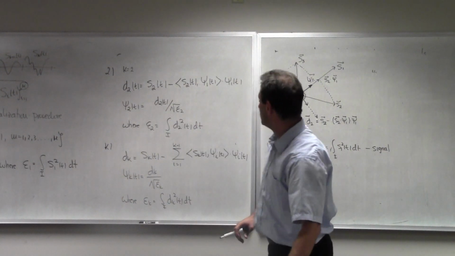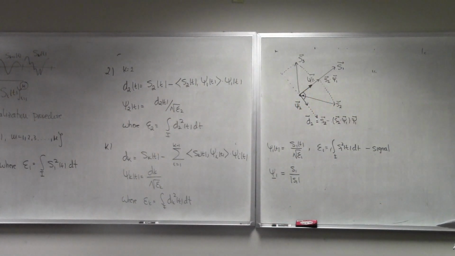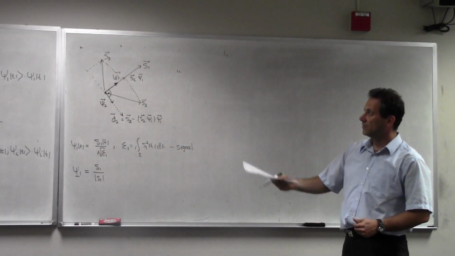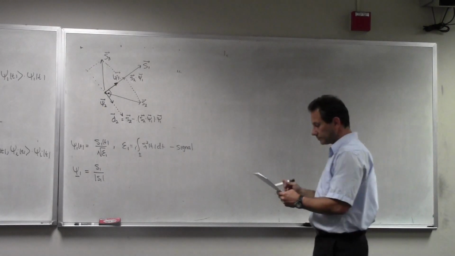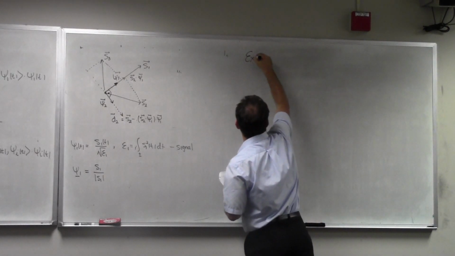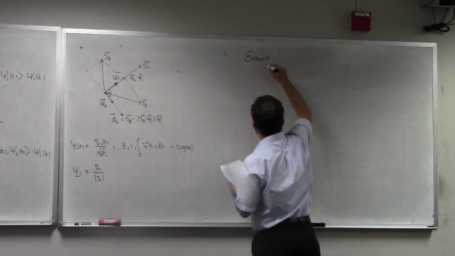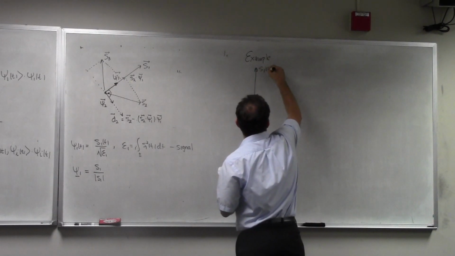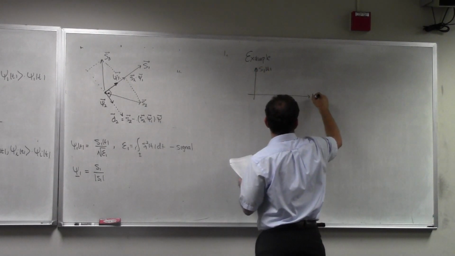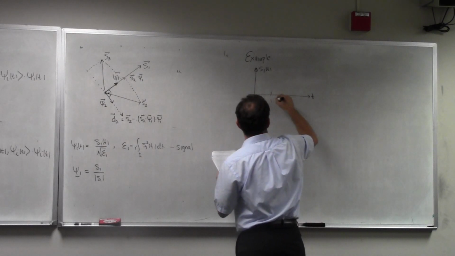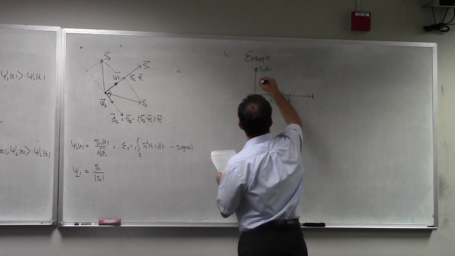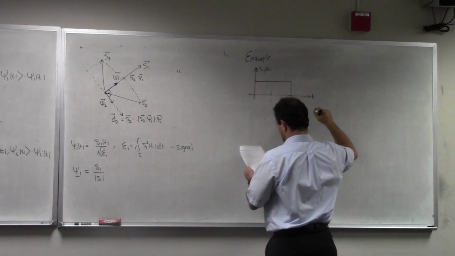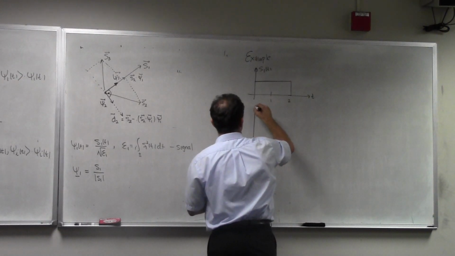And to see how that works in a signal domain, let me give you an example where I'm going to work only with signals. So let's look at the example here. And I have 4 signals here. This is S1 of t, and this guy goes 1, 2. Then there is S2 of t.